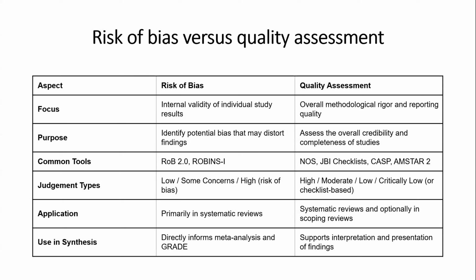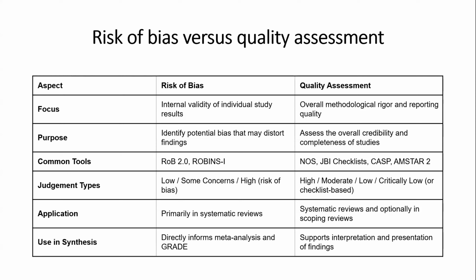Common tools used in risk of bias assessment: as I said, we mainly focus on randomized and non-randomized controlled trials. For a randomized controlled trial there is a tool called Risk of Bias 2, that is RoB 2.0, and ROBINS-I, sorry. ROBINS-I is mainly used for non-randomized controlled trials. For quality assessment, you have different checklists like the JBI checklist, CASP, AMSTAR 2, and the Newcastle-Ottawa Scale.